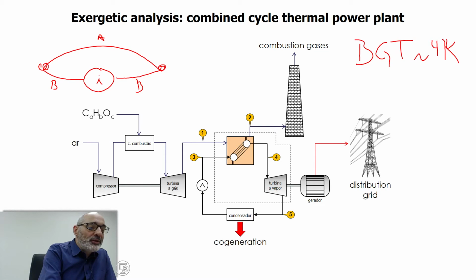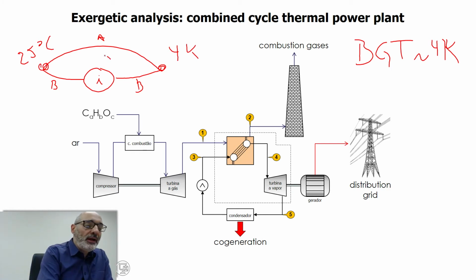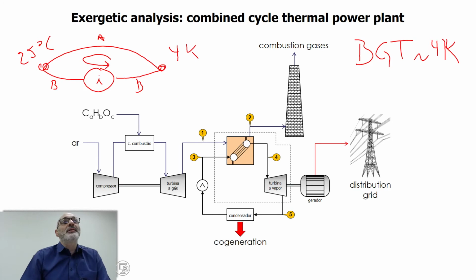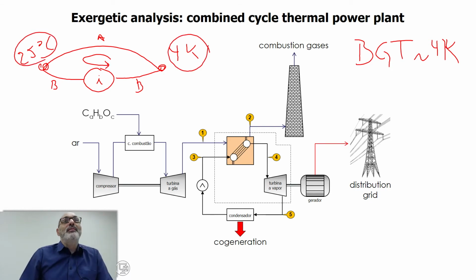If I have a temperature difference, let's say, it can be 25 degrees Celsius here, and 4 Kelvin here. Because of this temperature difference, you're going to start having an electric current here. I tend to believe that it's possible to apply all these concepts because you have to have this temperature difference.